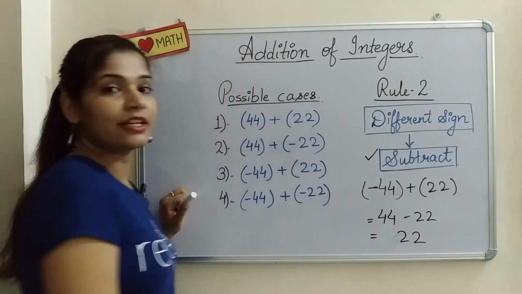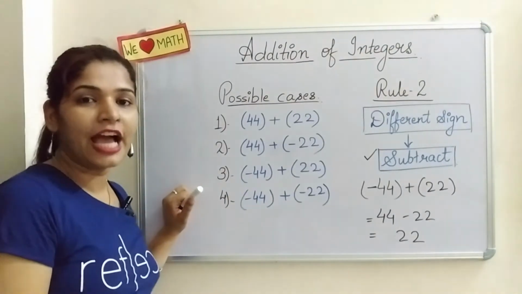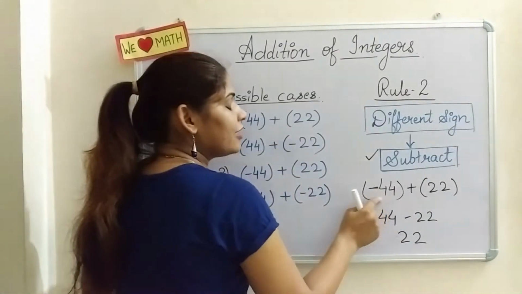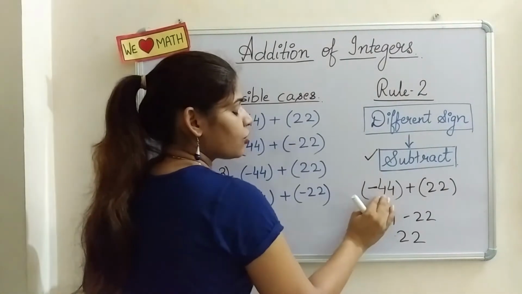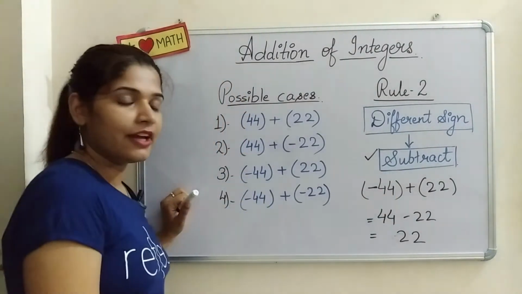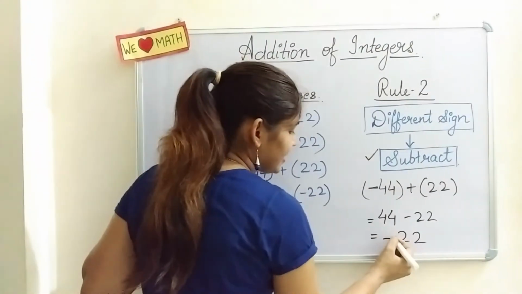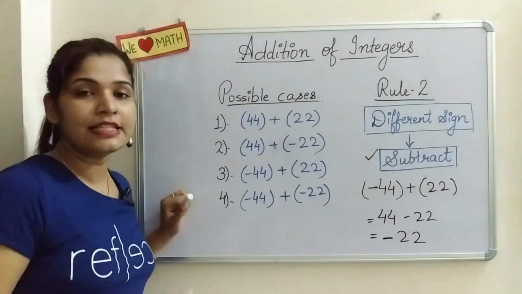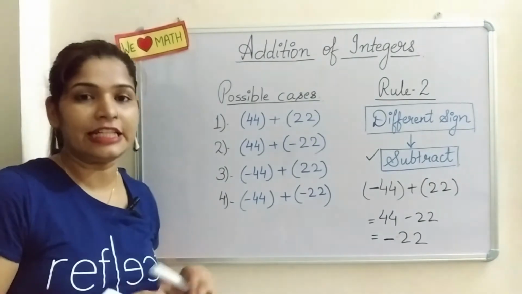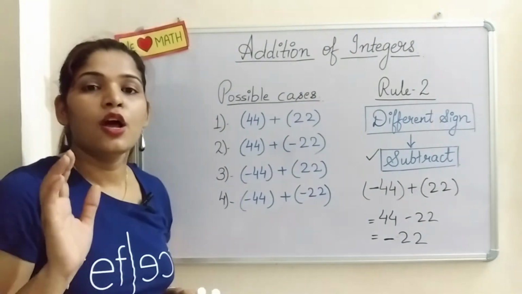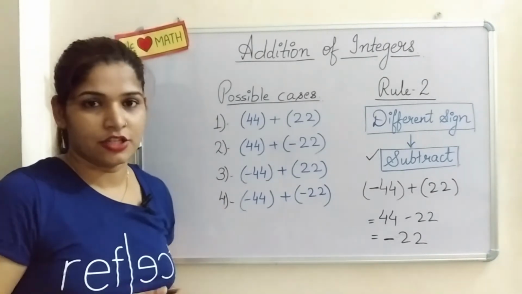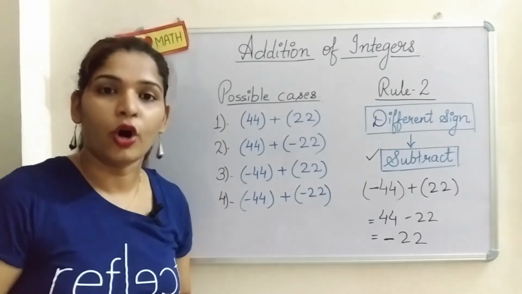But here is the twist: the bigger number was negative, so we are going to write the symbol as negative. We need to consider this when we are subtracting integers. We need to put the sign of the bigger digit or the greater number.